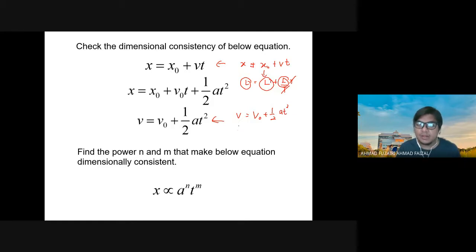So this is L over T. Definitely every place on the right side must equal the left side, which is L over T, and v naught is also L over T. Definitely, and the half doesn't need to be put in. And how about acceleration? It is L over T squared, and the time is T squared. So another T squared here, then you can cancel out. One moment.